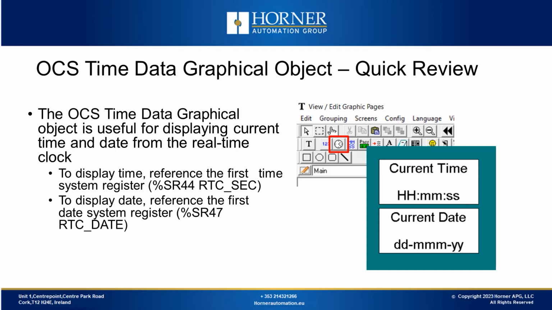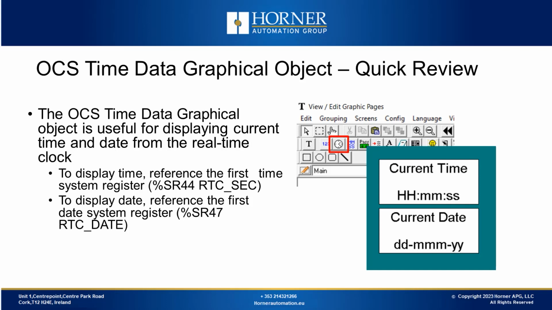This object allows you to display either the time or the date with various formatting options to choose from. You can customize the display to show seconds or minutes and configure different date formats such as 2-digit or 4-digit year with the option to display the date before or after the month.